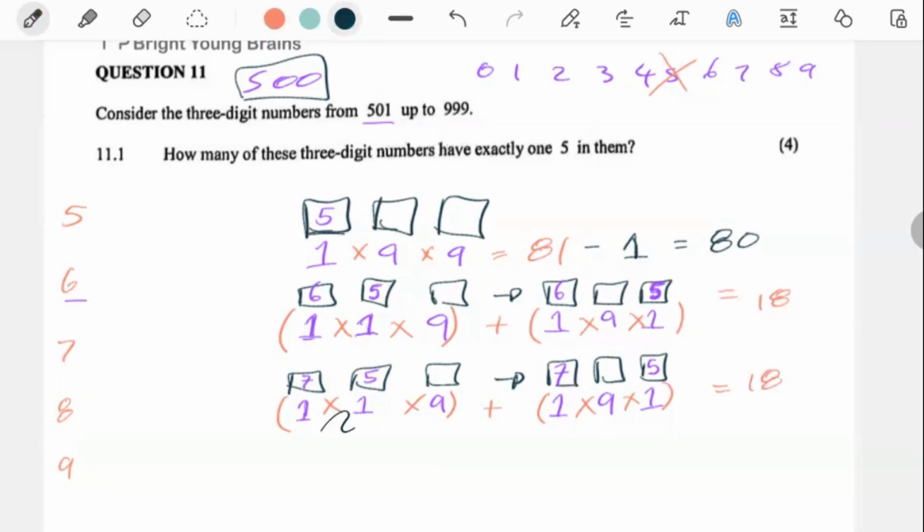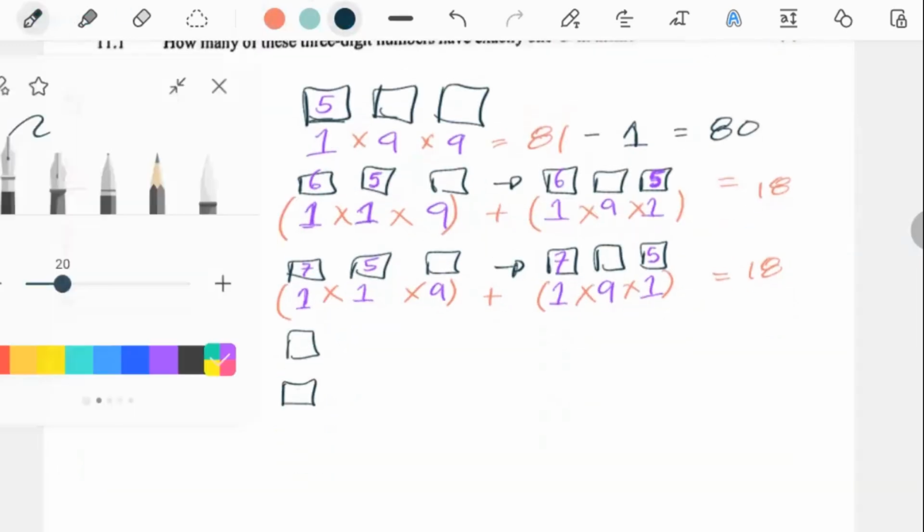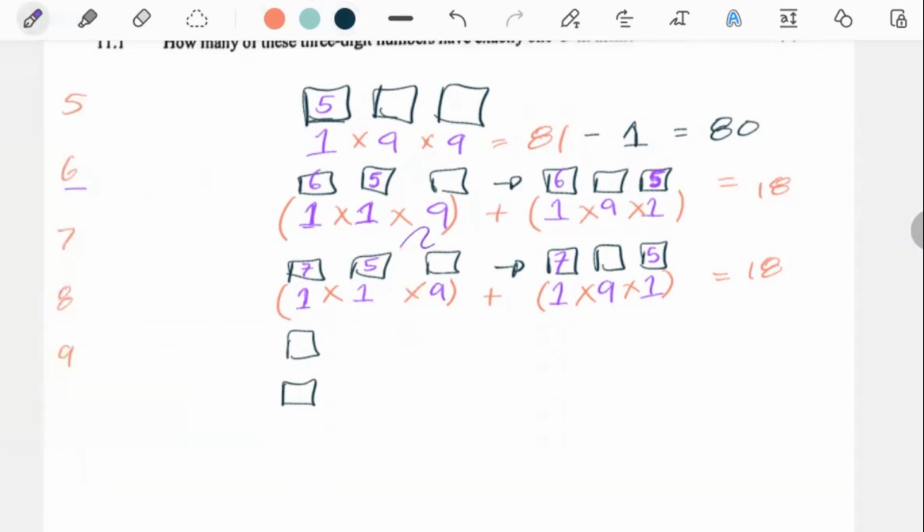Numbers that start with the 8 and numbers that start with the 9, it's the same idea. You see, we will have 18 in total, and then we'll also have 18 in total. Ones that start with the 9, and ones that start with the 8. Excuse me. We will also have the same scenario, right? Where some start with the 9 and end with the 5. Some start with the 9 and the 5 is directly after.